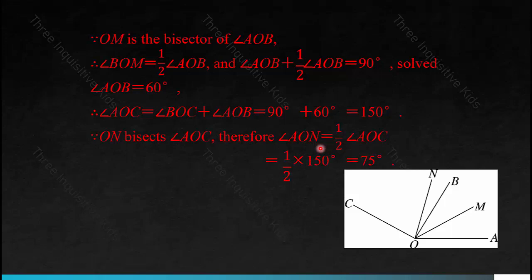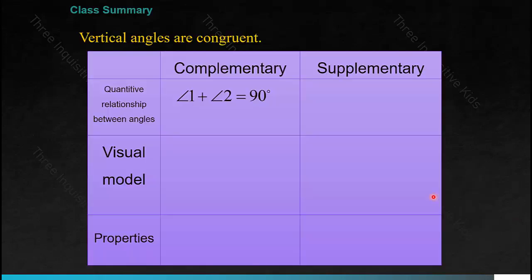Therefore, it is equal to 75 degrees. We know that angle BON is equal to the difference between AON and AOB. So angle BON would be equal to 15 degrees.